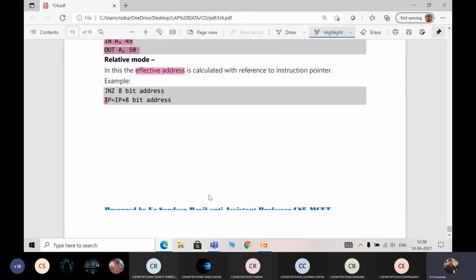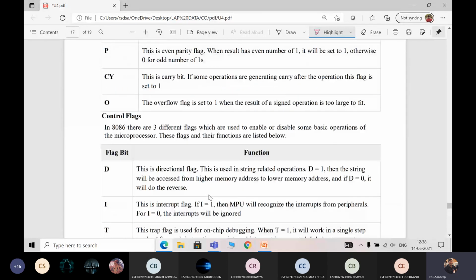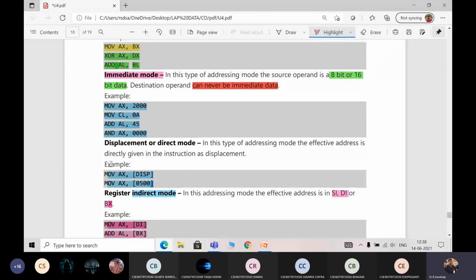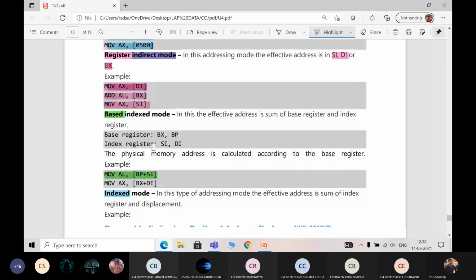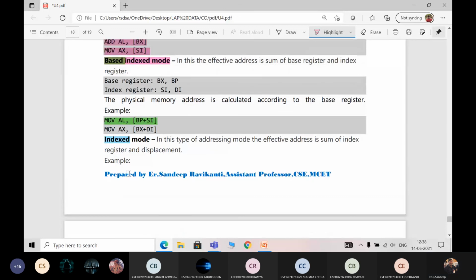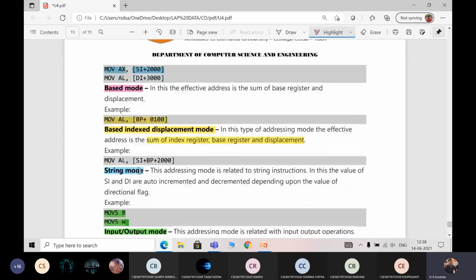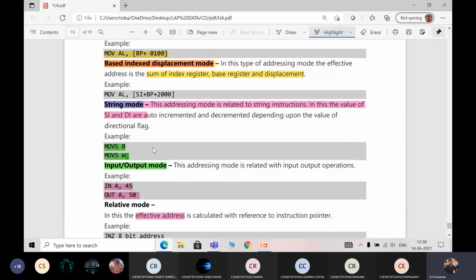Okay, so this is about the addressing modes which we use in the 8086 microprocessor. I am asking all the students to remember register, immediate, displacement or direct, register indirect, based indexed, base and index, and base index with displacement, and the string mode and input output.